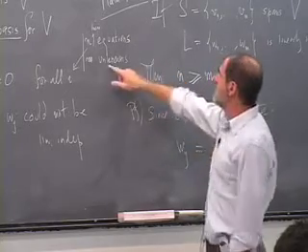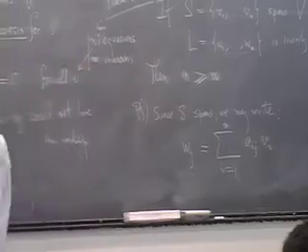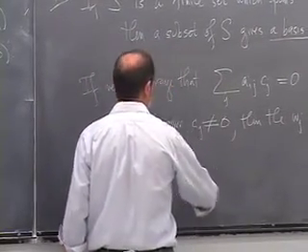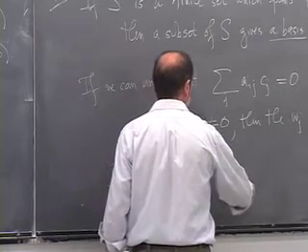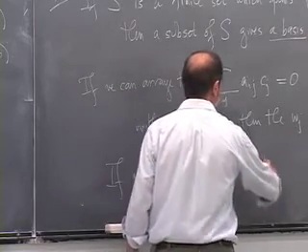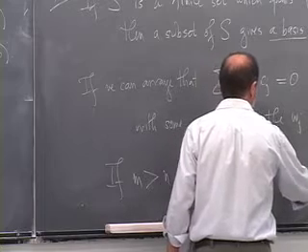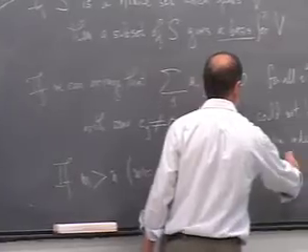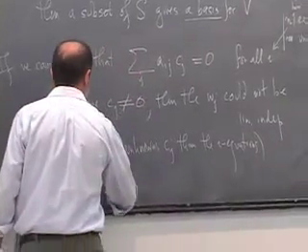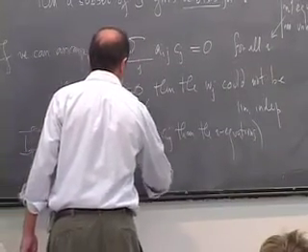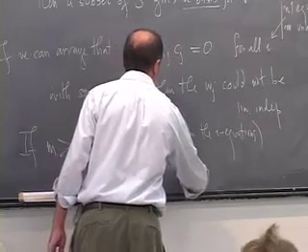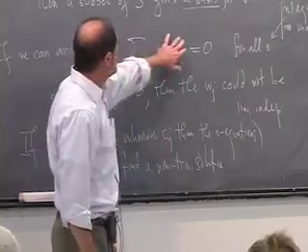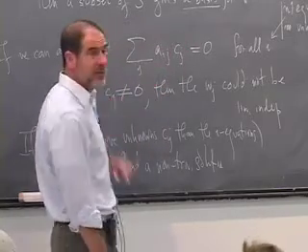So if m were bigger than n, more unknowns Cj than the i equations, we can find a non-trivial solution. Namely, we can find a solution to this system of equations with some of the Cj's non-zero.